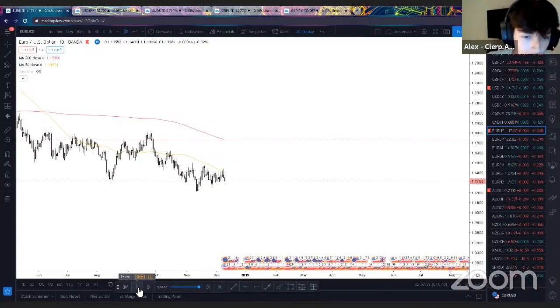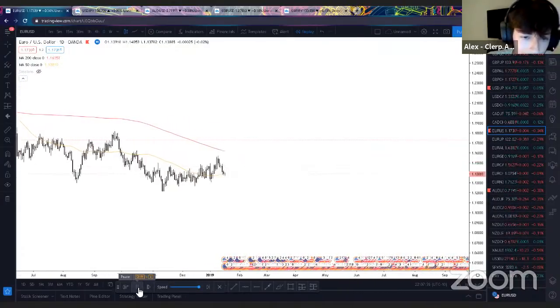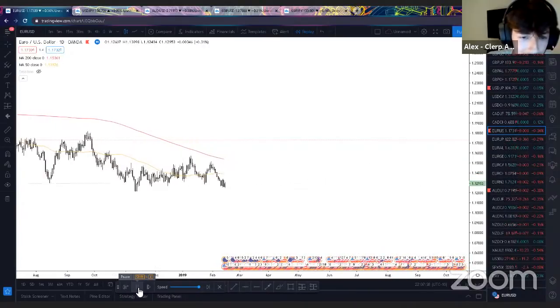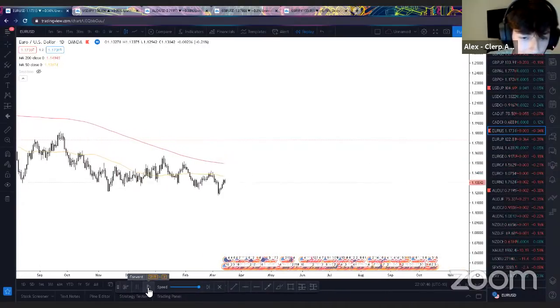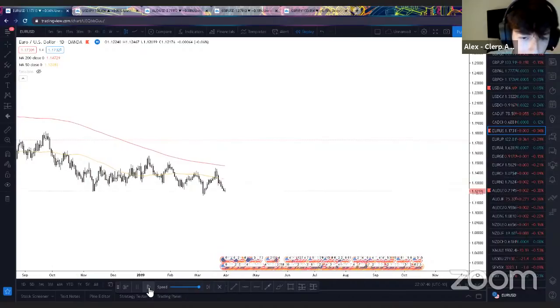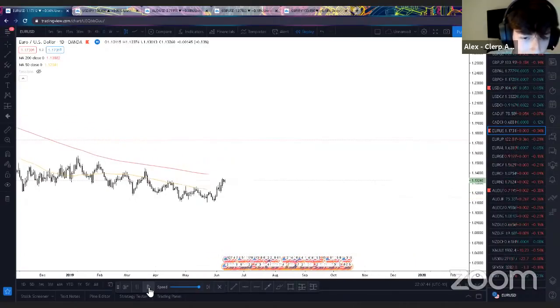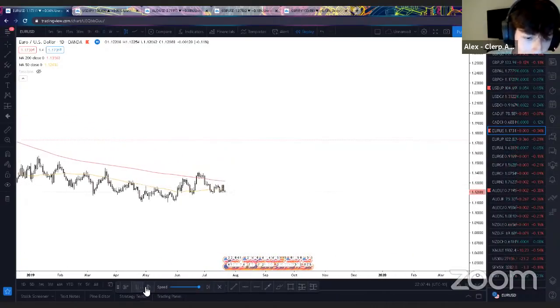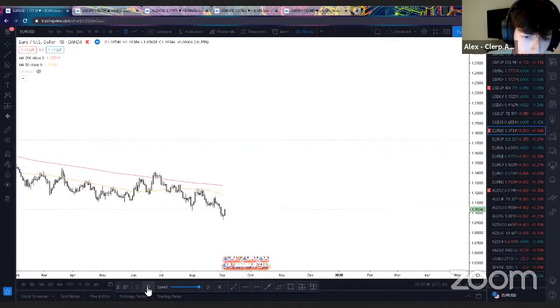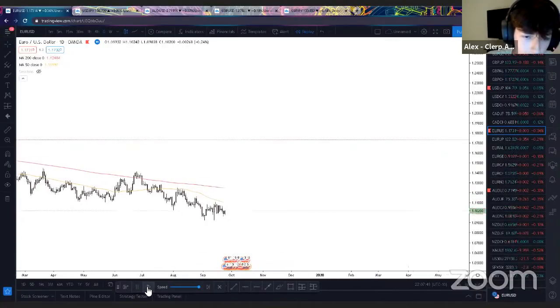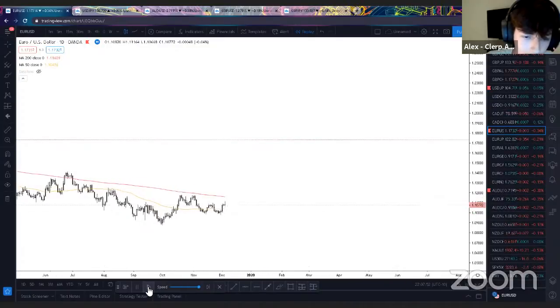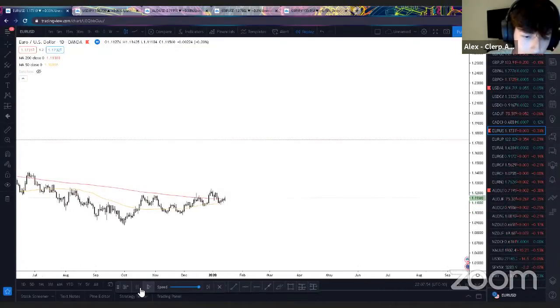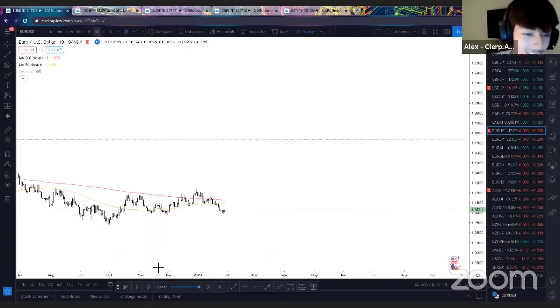Slowly moving further down. It's a lot of news. Okay. Let's get forward to a moving average crossover. Let's see here. I just realized on the daily.